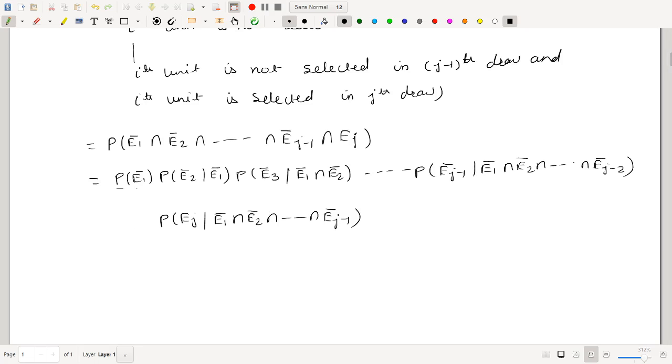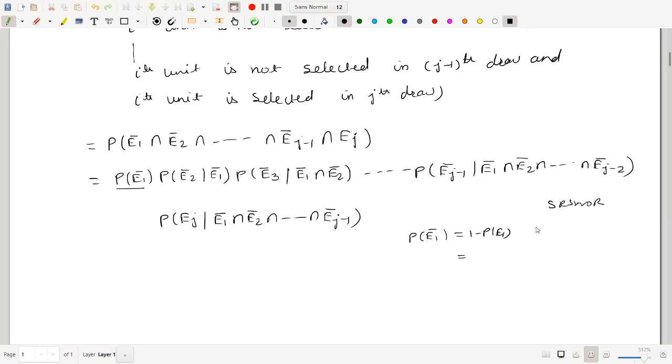Now to find this probability, probability of E1 bar is actually 1 minus probability of E1. And what is meant by probability of E1? E1 is ith unit is selected in first draw. Now this is SRSWOR.